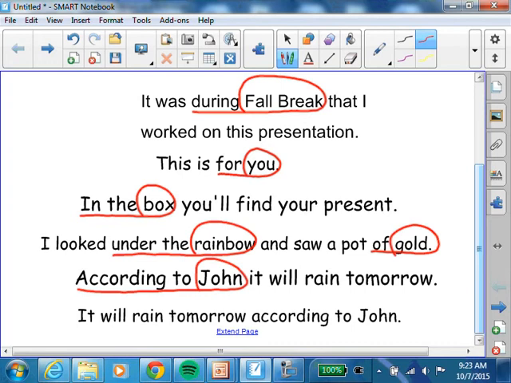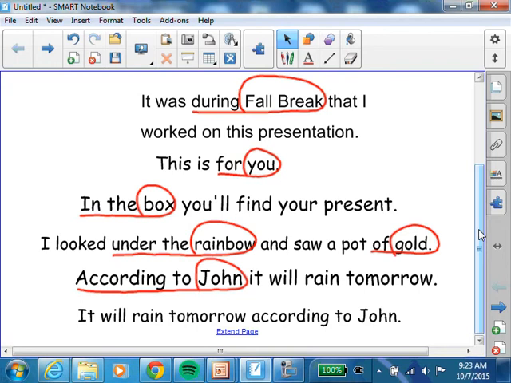The reason I've written this twice in reverse order, however, is that I want to tell you about a little aspect of prepositions involving punctuation. And the rule of thumb here, students often will ask me, in a sentence like according to John, it will rain tomorrow, do I need to put a comma after a prepositional phrase?